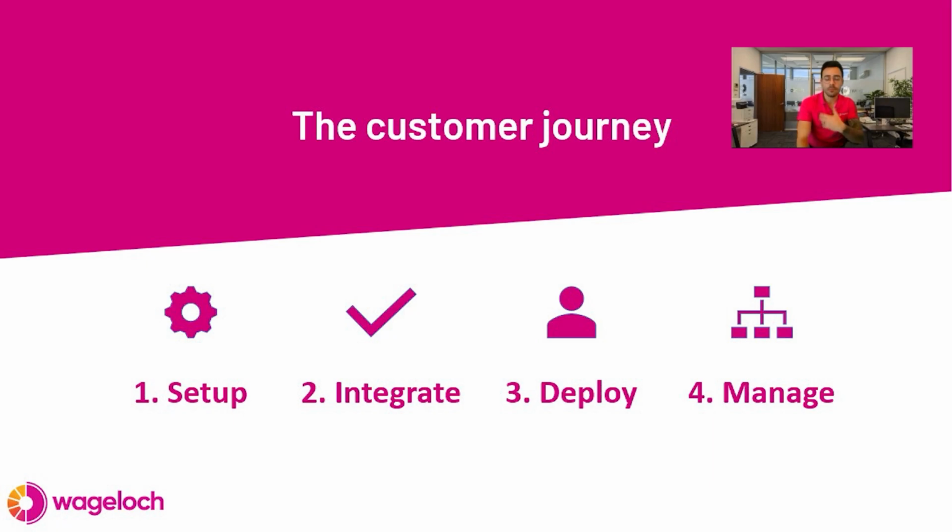Setup is where we build and configure the software with you. It's where your award interpretation or EBA or IFA interpretation happens. That's all bedded down. We then go into the integration phase where we integrate into Acumatica, pull through all your current information from there, including all employee accrual balances and everything into the system.